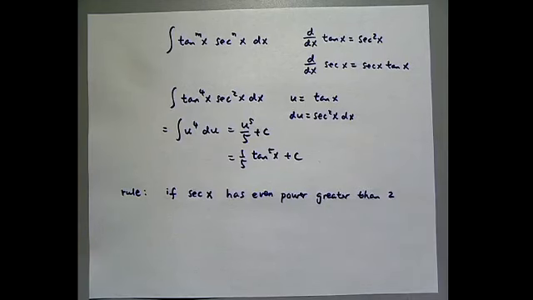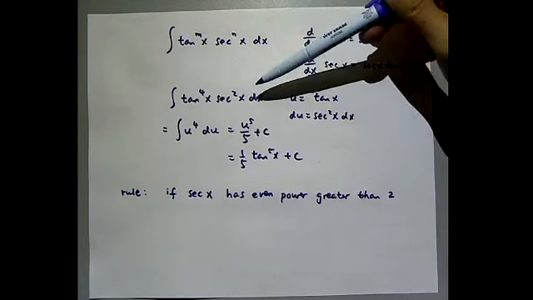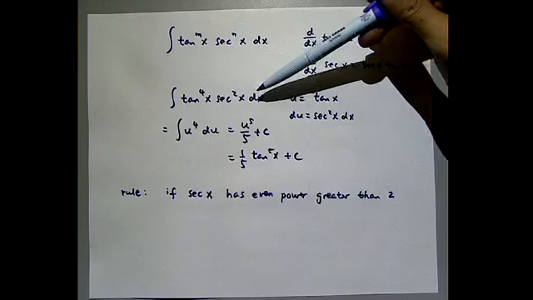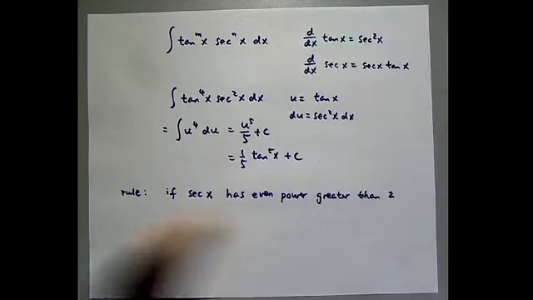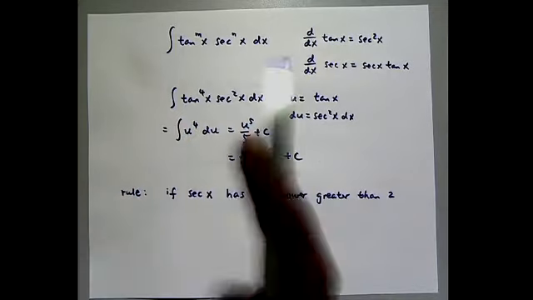If secant has even power greater than 2, then we save one factor of secant squared, because that's going to become du, and then do identities to deal with the rest.